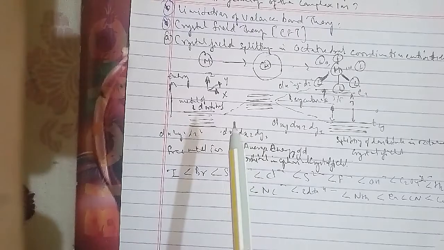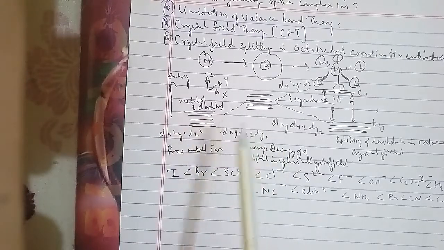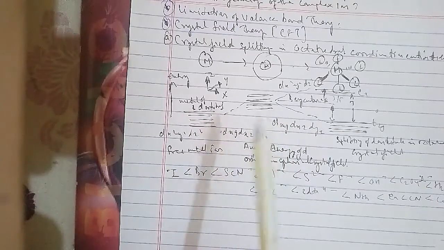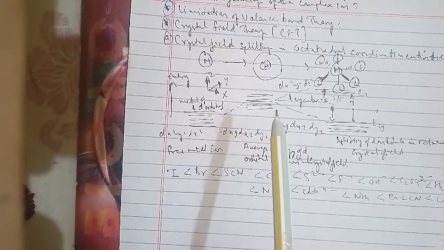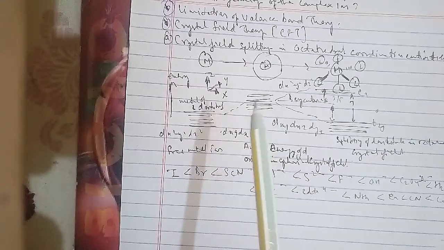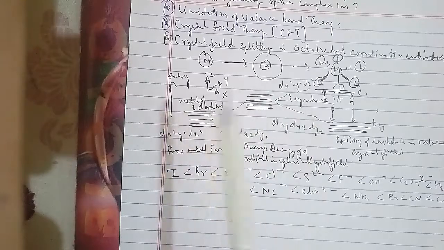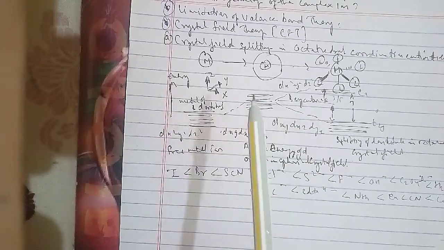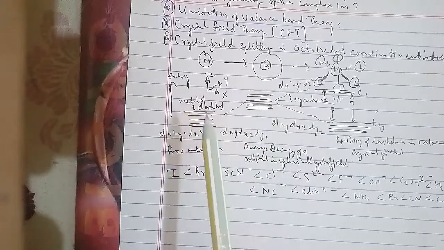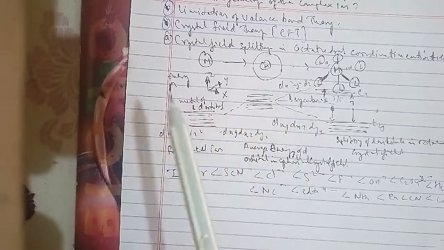Which of these possibilities occurs depends on the relative magnitude of the crystal field splitting, delta O, and the pairing energy, P, where P represents the energy required for electron pairing in a single orbital. The two options are: if delta O is less than P, the fourth electron enters one of the eg orbitals, giving the configuration t2g3 eg1. These ligands, for which delta O is less than P, are known as weak field ligands and form high spin complexes.